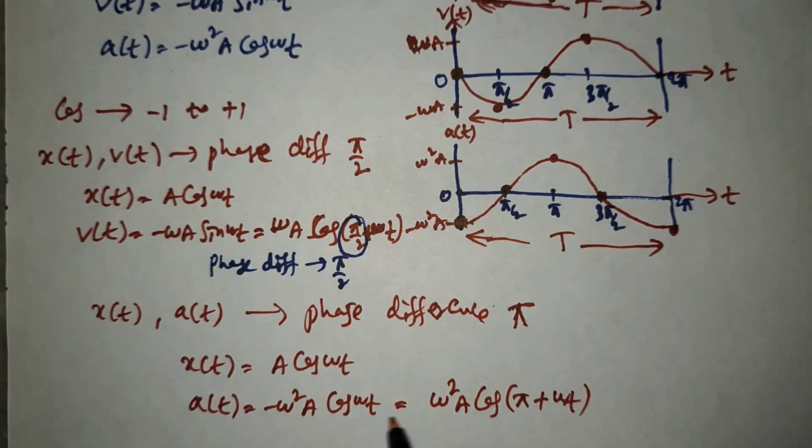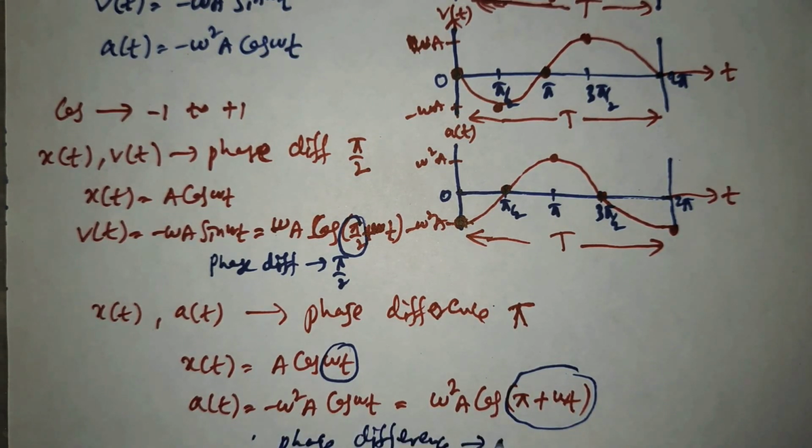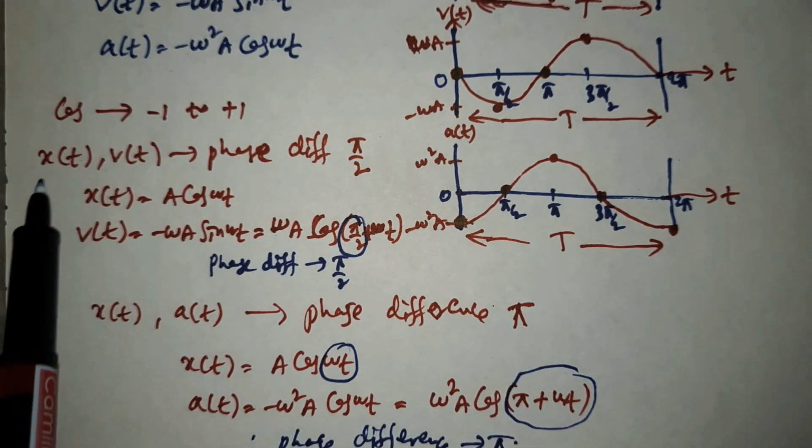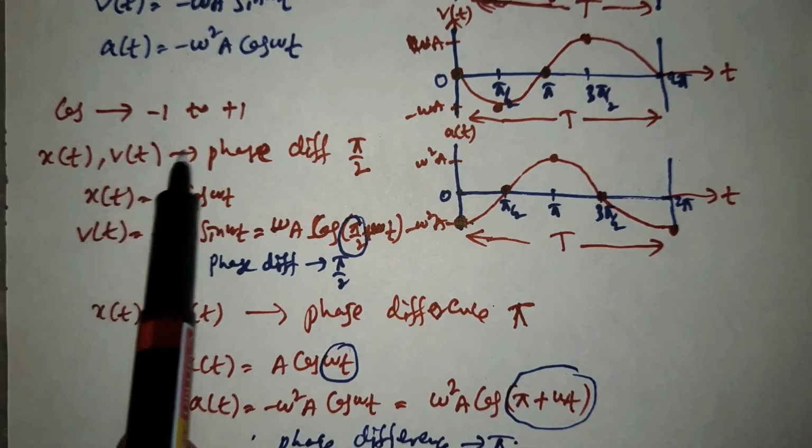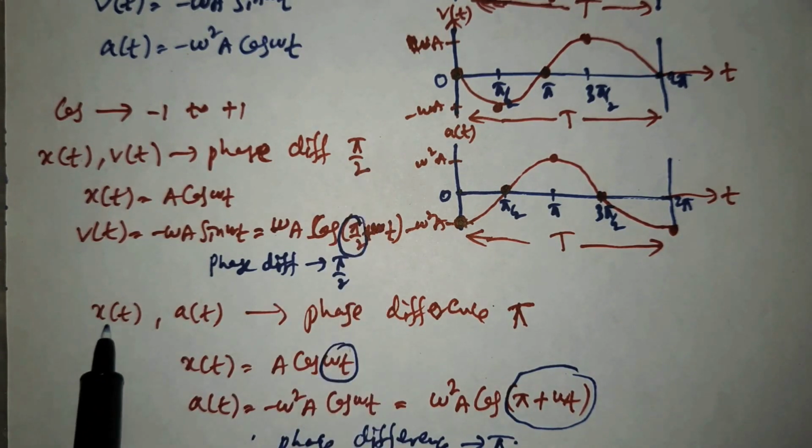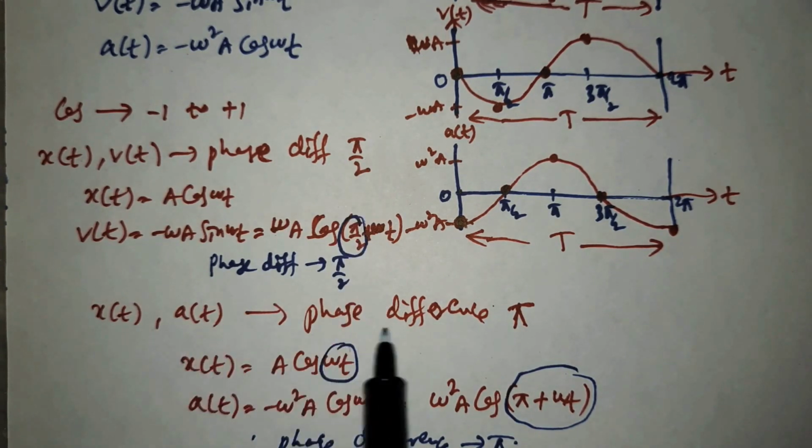So cos of pi plus omega t is minus cos omega t. So here it is omega t, here it is pi plus omega t. So how much phase difference? Pi plus omega t minus omega t. Omega t cancels. So here phase difference is pi. So x of t, v of t have phase difference pi by 2. X of t, a of t have phase difference pi.